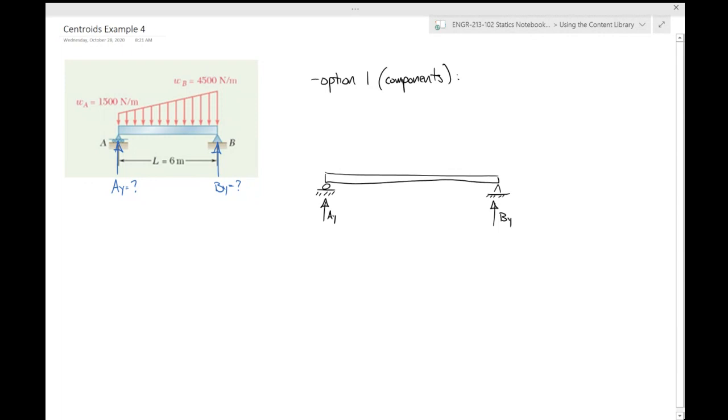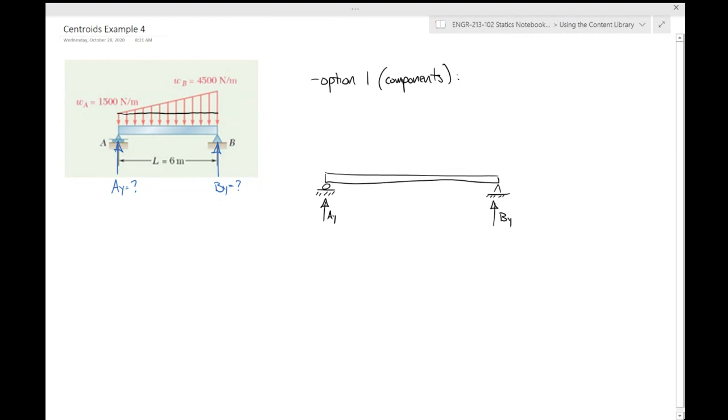Now I have this distributed load, and you can see how it starts at 1,500 newtons per meter, and then it linearly increases to 4,500 newtons per meter. So what I'm going to do is split that into 2 separate components, like this.